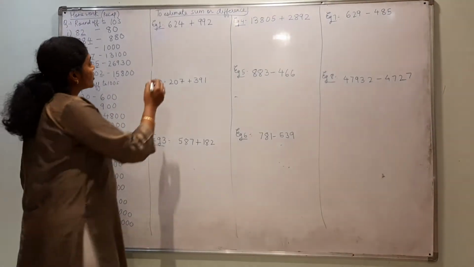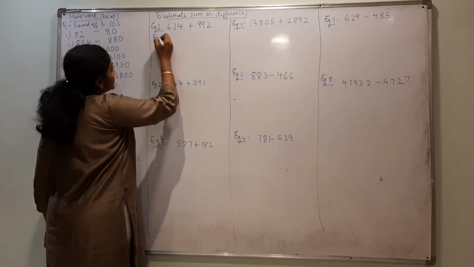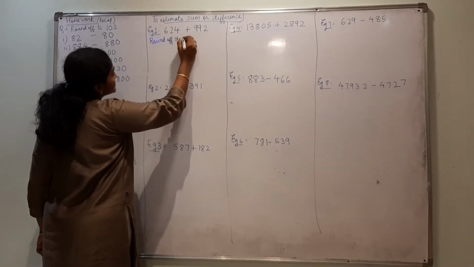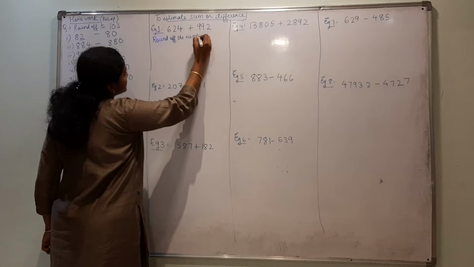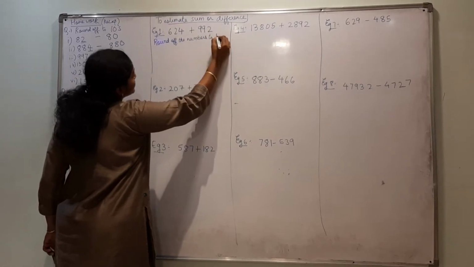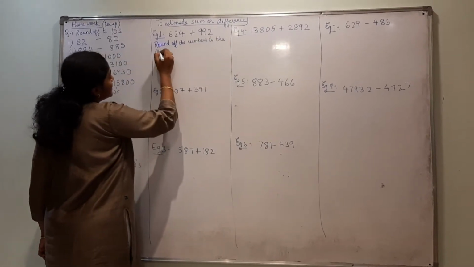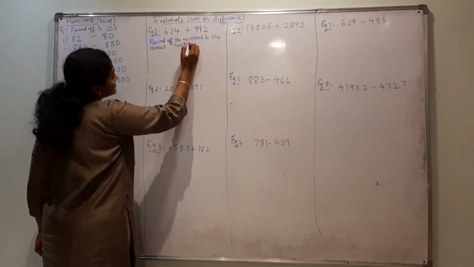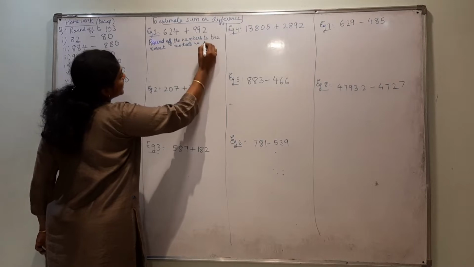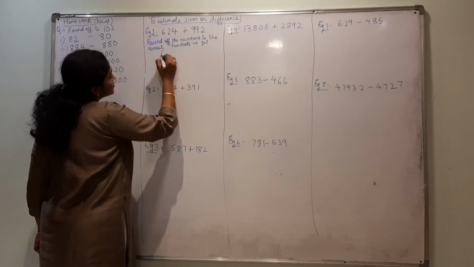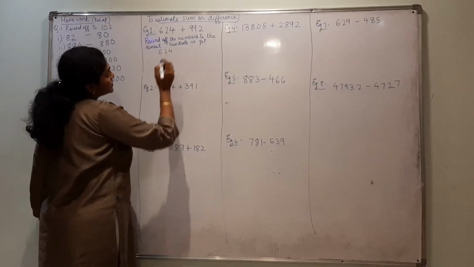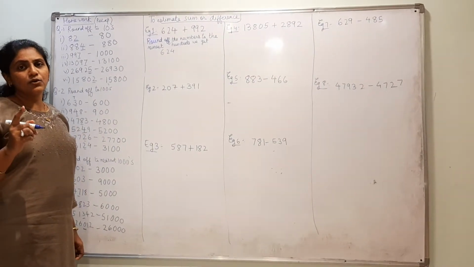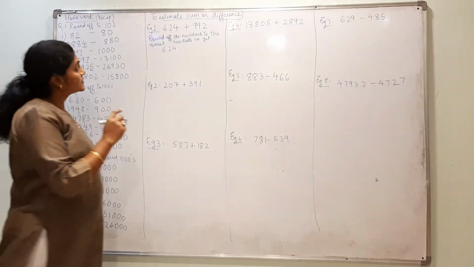So I will write, round off the numbers to the nearest hundreds. Whenever you round off to nearest hundreds, you will look at the tens place.